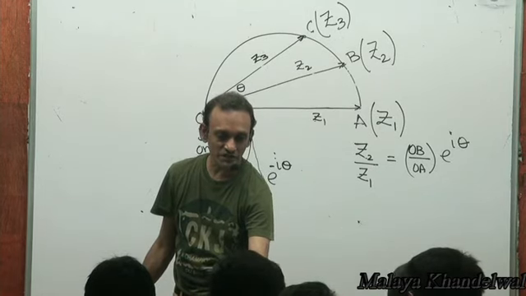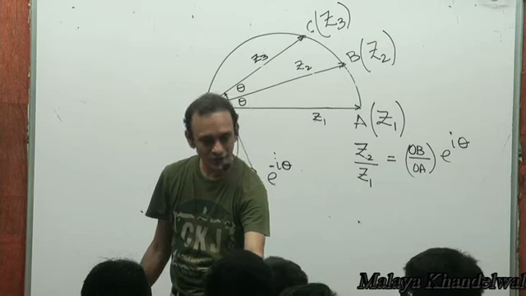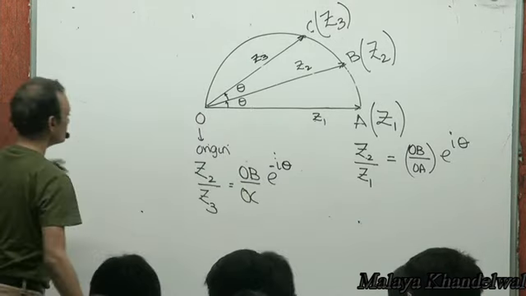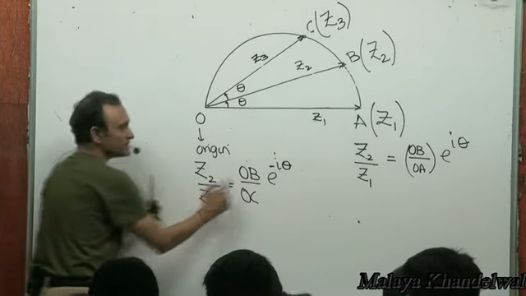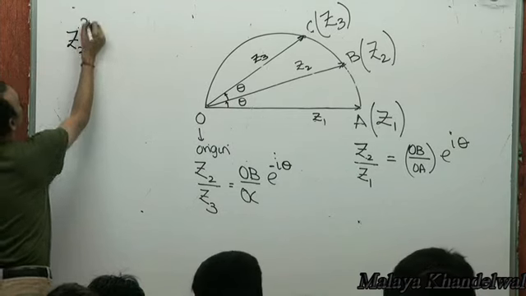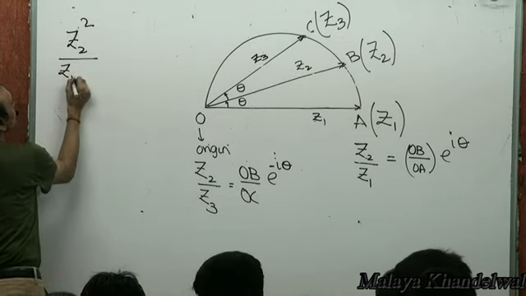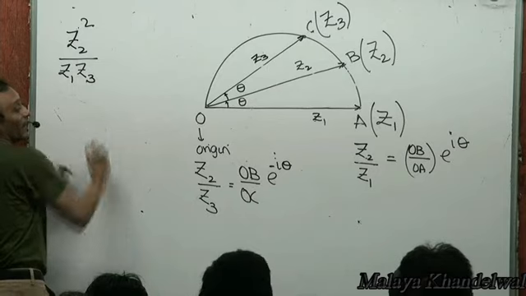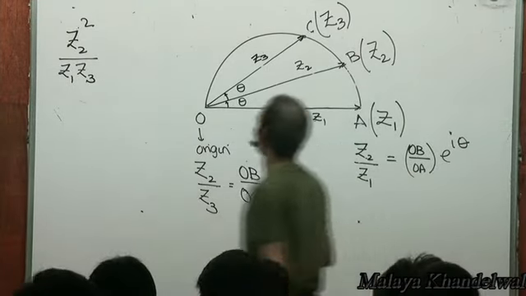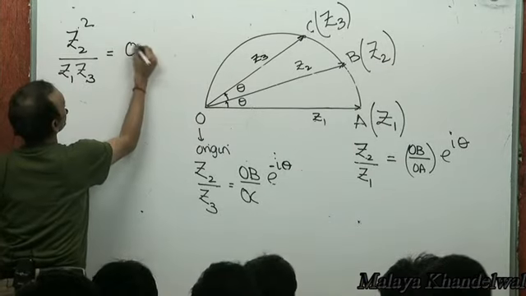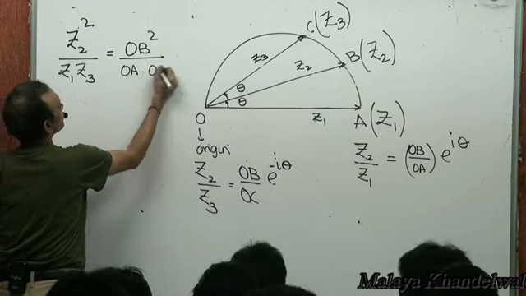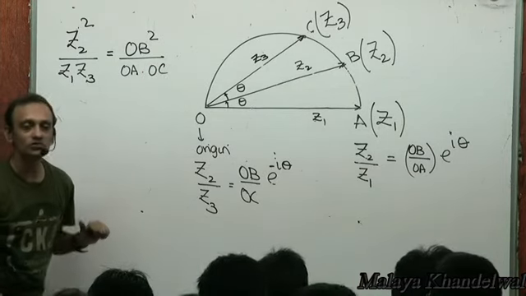Cos 2 of minus theta would be cos 2 theta. Cos square theta, replace theta by minus theta, nothing will change, isn't it? So if I multiply this and this, then I end up getting z2 squared by z1 z3. And e power minus i theta into e power i theta would be 1, so it will be OB squared divided by OA into OC. Yes or no?